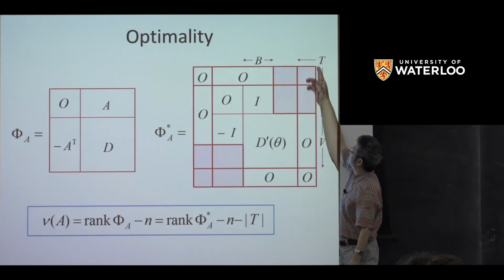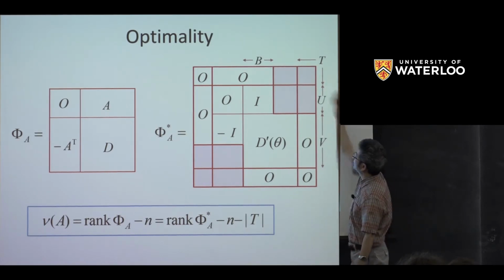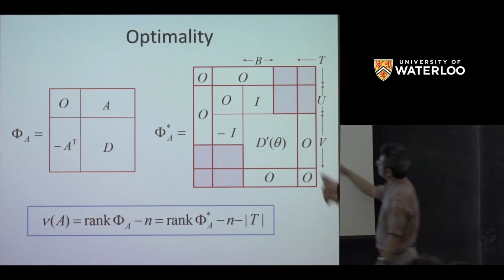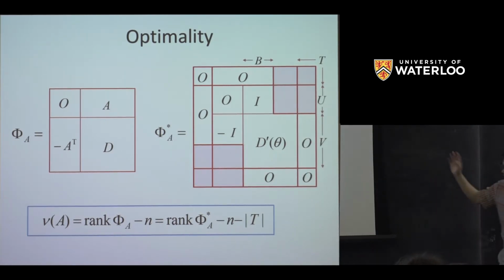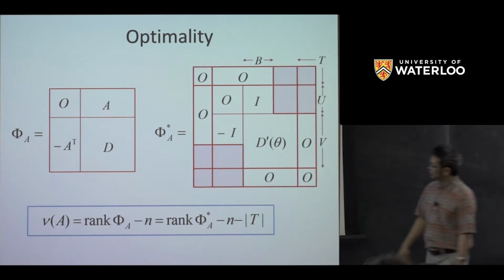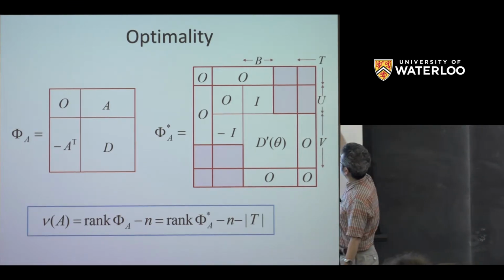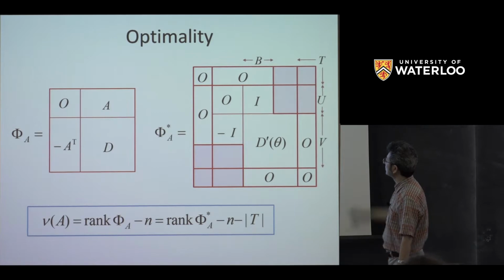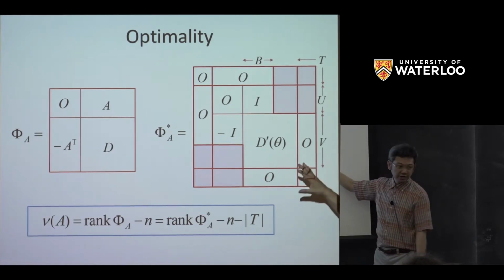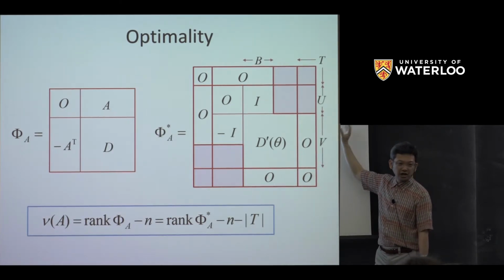That corresponds to this T part. So basically, our algorithm is looking at this part. So let's look at that. But before, I should say that when we add this, the rank of this matrix is increased by exactly the cardinality of T.